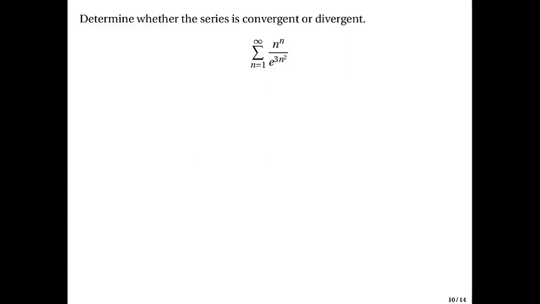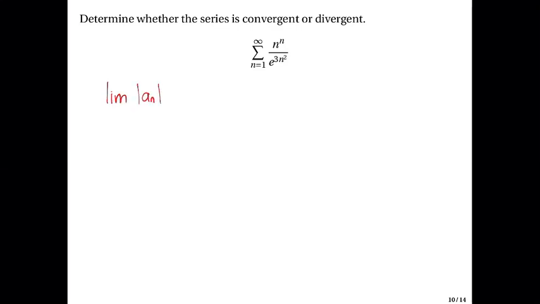Anyway, this time you have the series n raised to the n over e raised to 3n squared. Again, we have the exponent n in all the expressions of the term, so definitely we use the root test.